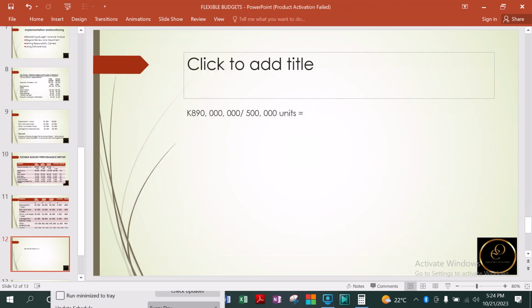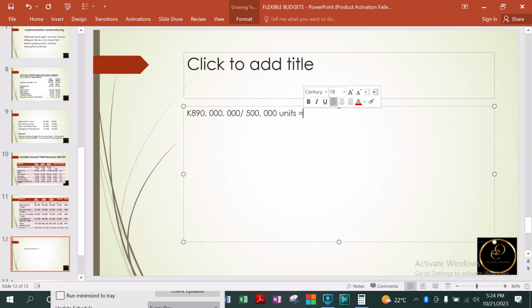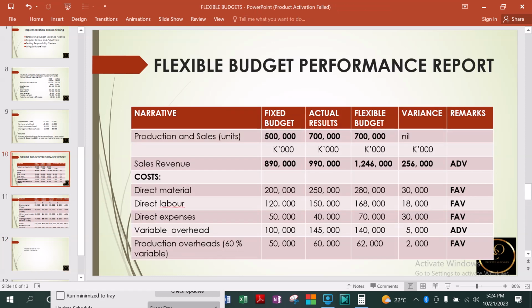Okay, again we get back to this working page. Look at the working page. We have been told the total cost, which is the mixed cost of variable and fixed costs. Total cost is given as 50 million kwacha. That's what we have here.